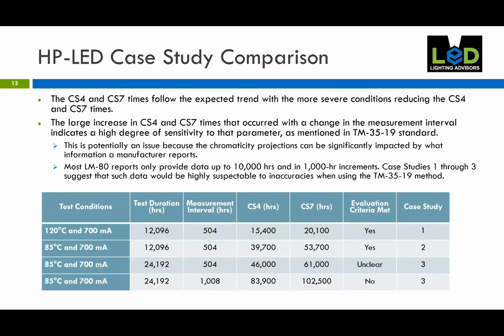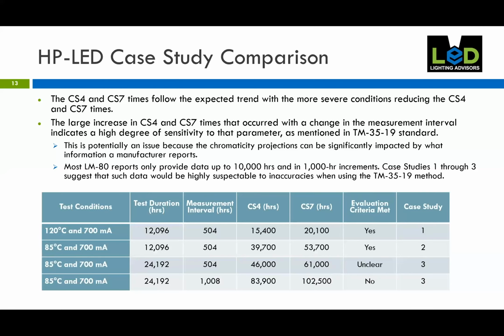So here on the table is a summary of the different measurement test duration hours, the interval, and the projected CS4 and CS7 lifetimes for these different conditions. So we see from the first 2 studies that the times to reach delta U prime V prime of CS4 and CS7 follow the expected trend, showing lower times at higher stress conditions.